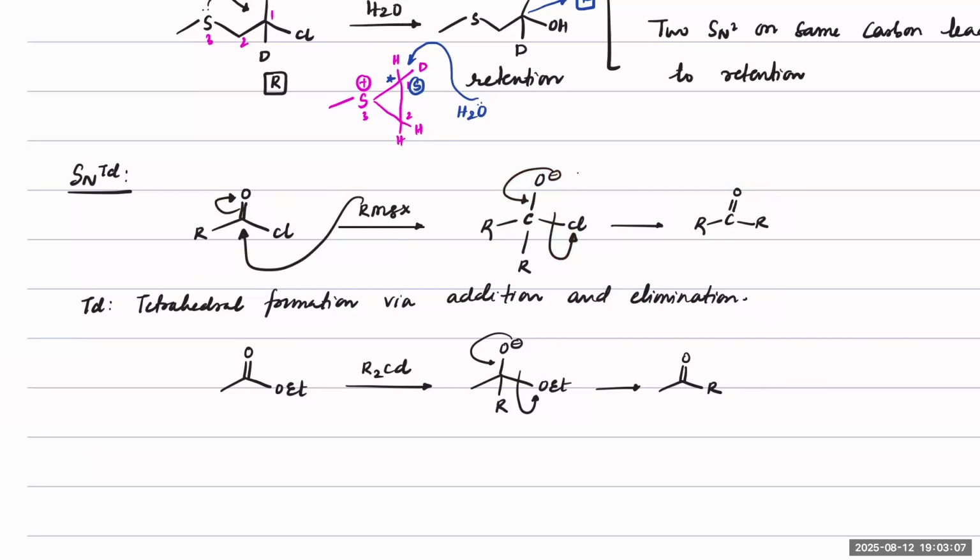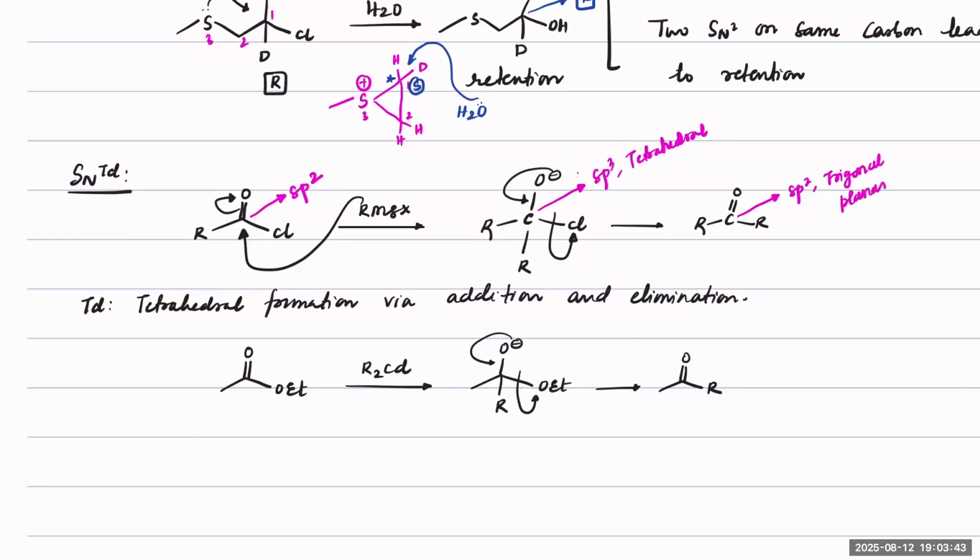So an sp2 carbon, which is trigonal planar, converts into an sp3 carbon, which is tetrahedral. This is the tetrahedral intermediate. And from the tetrahedral intermediate, it pushes back to remove this chlorine and get back its original form, which is sp2, trigonal planar.